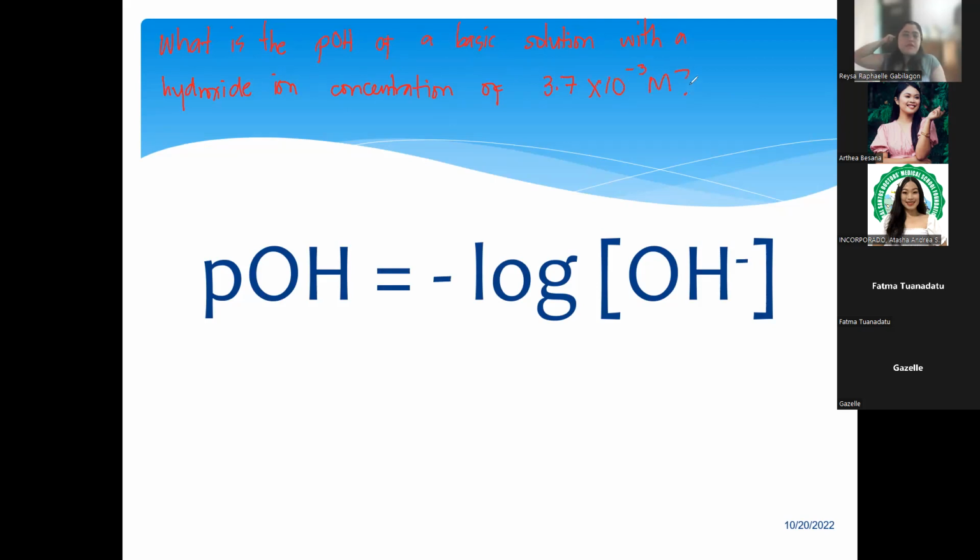Okay, so this is the hydroxide ion concentration: 3.7 times 10 raised to the power of negative 3 molar. So what is the pOH?